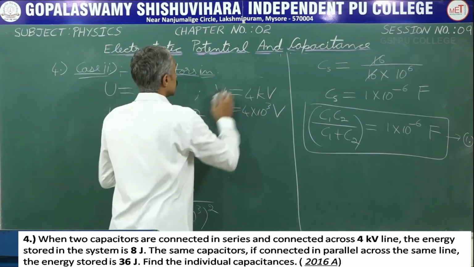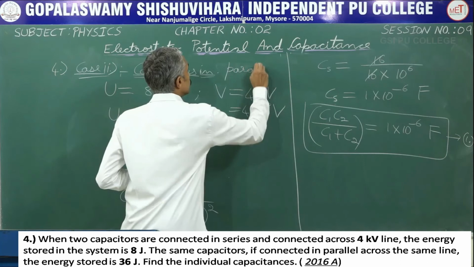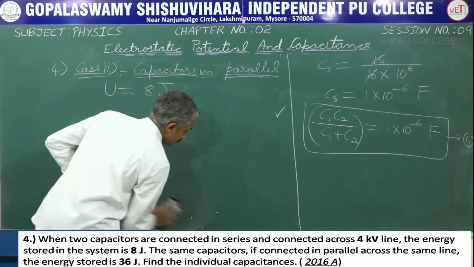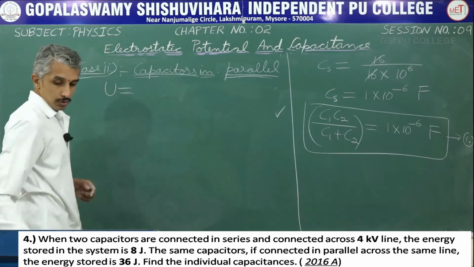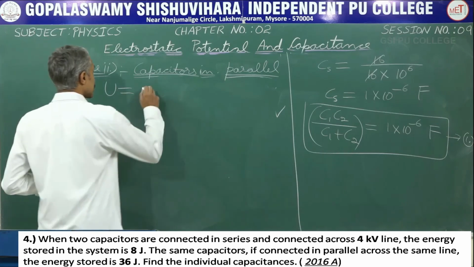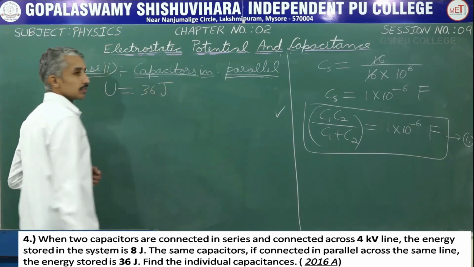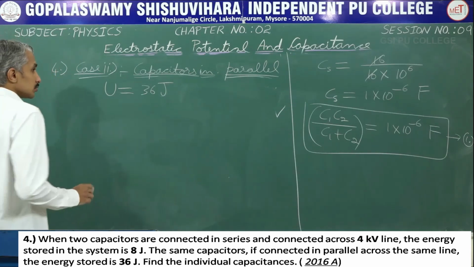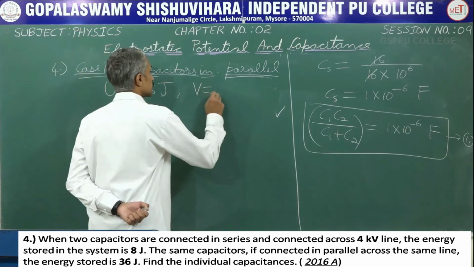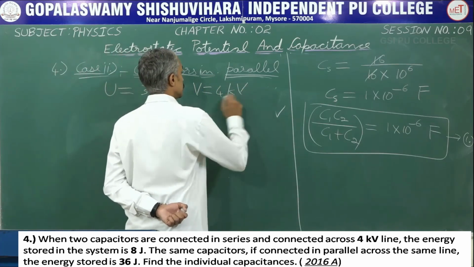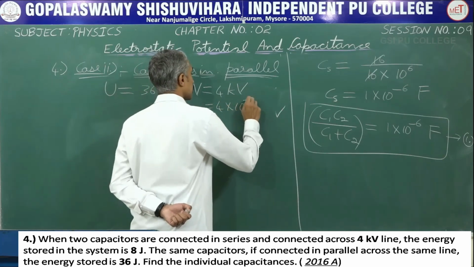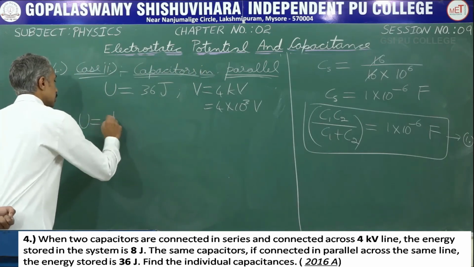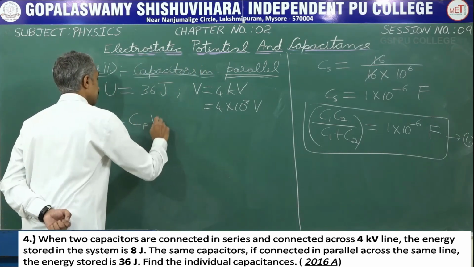Next, case 2, capacitors are in parallel. For the same capacitors, when they are connected in parallel, the energy stored is 36 joule. That is what is being given. And the potential is again the same, 4 kilovolt, which is 4 into 10 to the power of 3 volts. So the energy stored in this case is half Cp into V square.